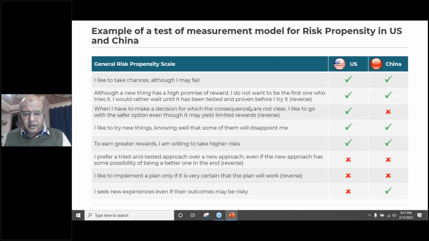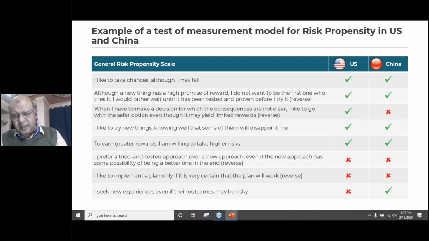Some of them are framed negatively, and they will be reverse scored later, and we'll see why that is also a good idea. But 3 items that were used in the US study were actually dropped as not contributing to the measurement of the construct, which is general risk propensity.